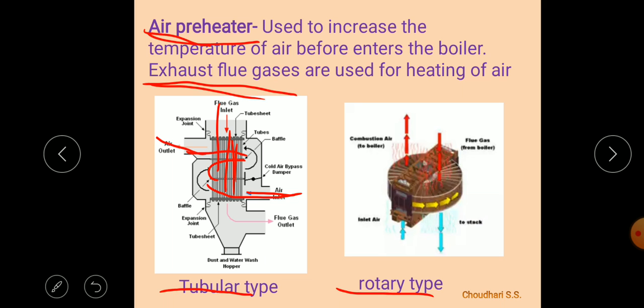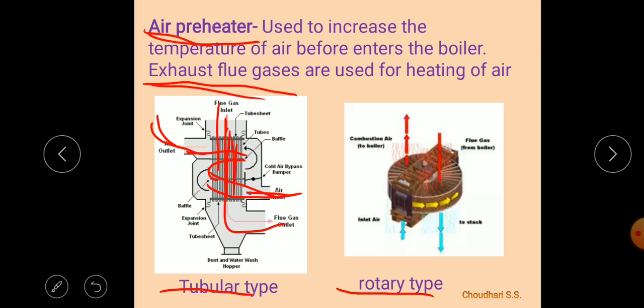This heated air is supplied to the furnace, and the flue gases go to the flue gas outlet or chimney. Again here, the hot exhaust gases are used for preheating the air. This is a tubular structure: through the tubes hot gases are flowing, and outside the air is passing.